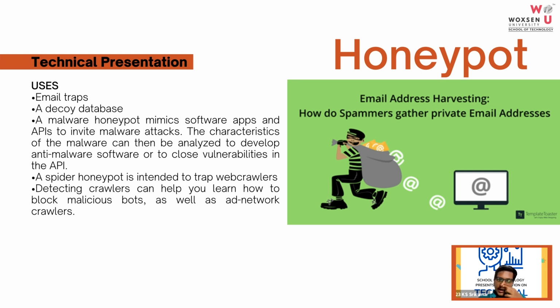And a spider honeypot. A spider honeypot is intended to trap web crawlers. Now, what are web crawlers? A web crawler is a bot, like how we use different bots to hack games like Subway Surfers. It visits many websites across Google without their permission. It doesn't ask any permission, and it doesn't accept any cookies. It directly visits and stores all the information on the website.